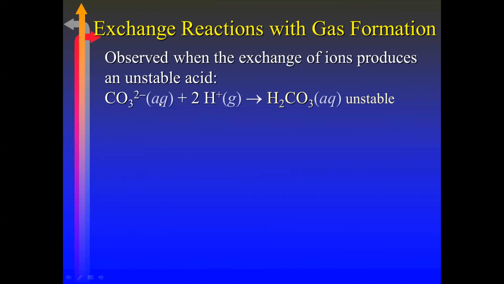For example, if you have carbonate ions reacting with an acid, that means this salt may be a carbonate salt, like potassium or sodium. And then you react with some acid, you form this unstable acid, as we call it. This unstable acid will decompose into CO2 and water.